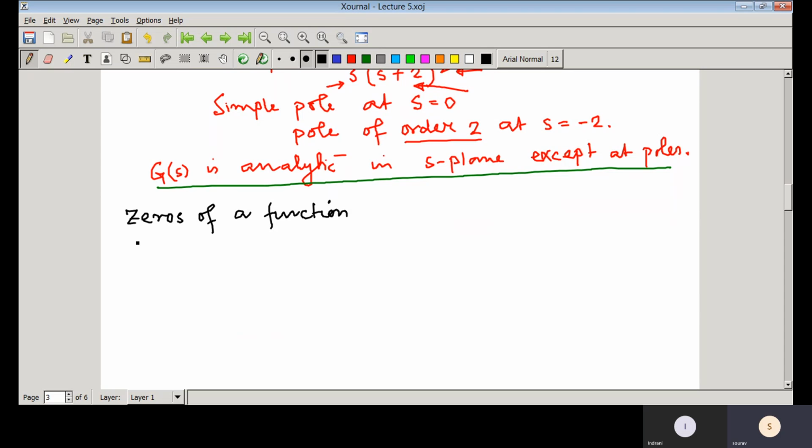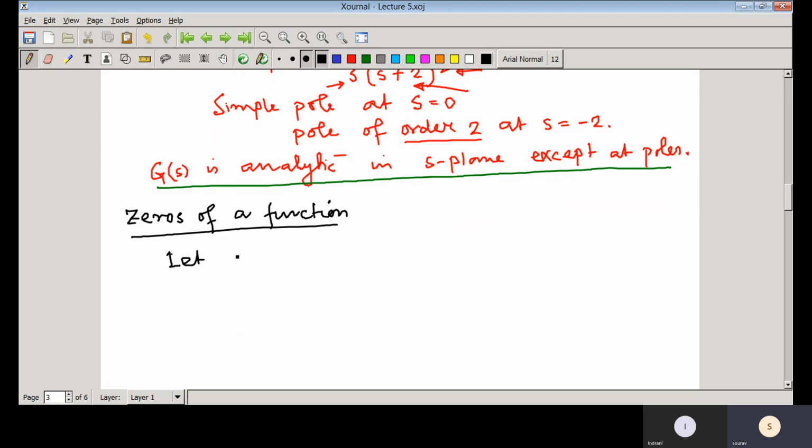If you know these definitions, later on you would not face any problem. This is just the inverse of the definition that we have seen in the case of a pole. If you take the inverse, it gives you the definition of zeros.